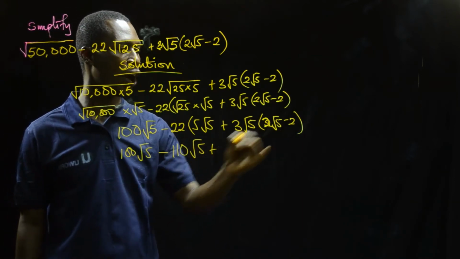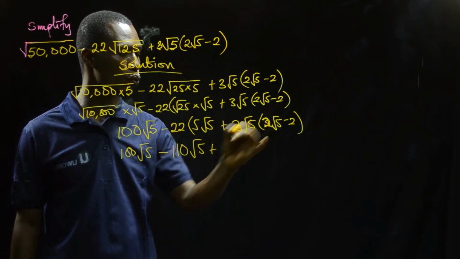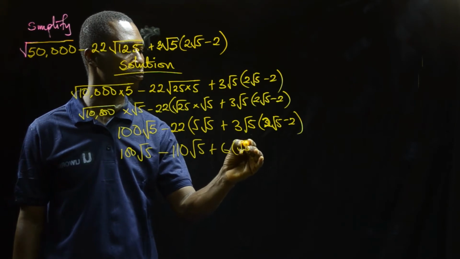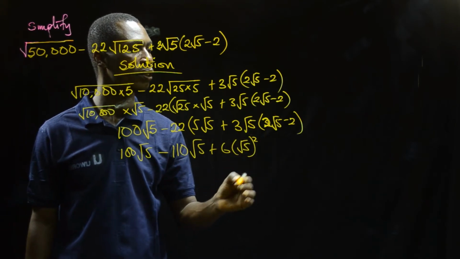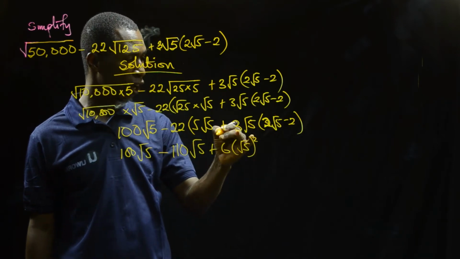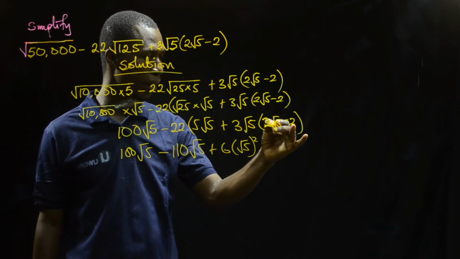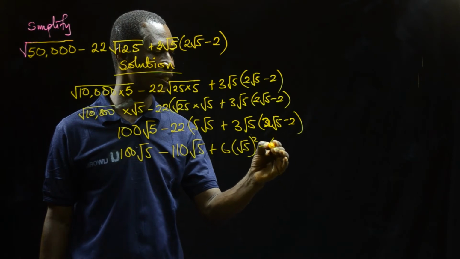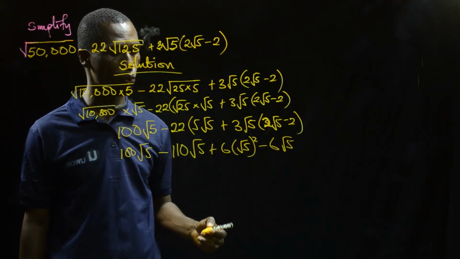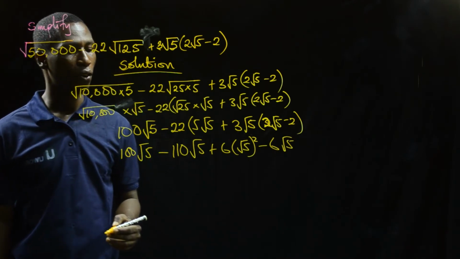plus, then I open the bracket, 3 times 2 will give me 6, root 5 times root 5 will give me root 5 squared. Then root 5 times negative, in that case, 3 is going to multiply negative 2. I'm going to get negative 6, then I bring the root 5, because this one contains no root. Okay. So what's next?